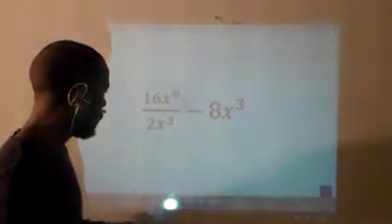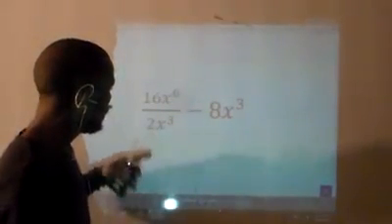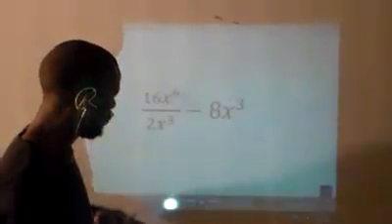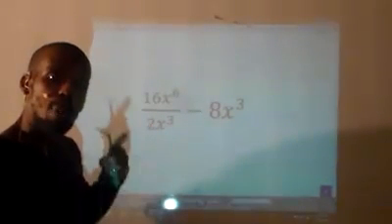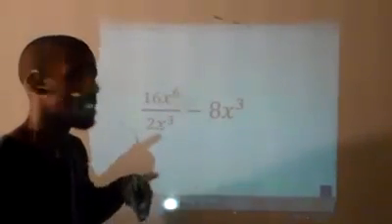So moving along. We have the same scenario as last time. This base is similar to the base at the top. I said to you, when bases are the same and they divide, their powers subtract.